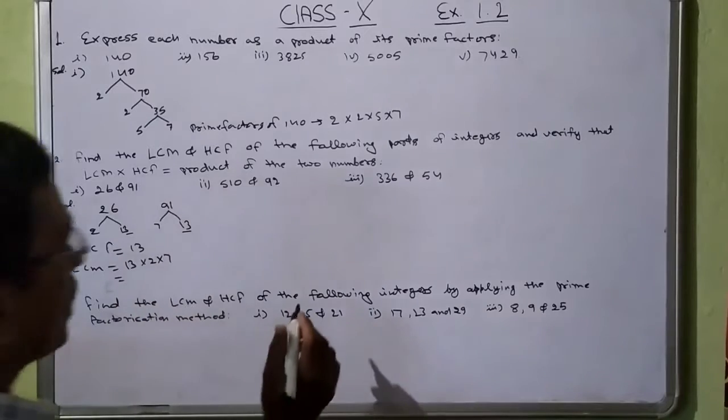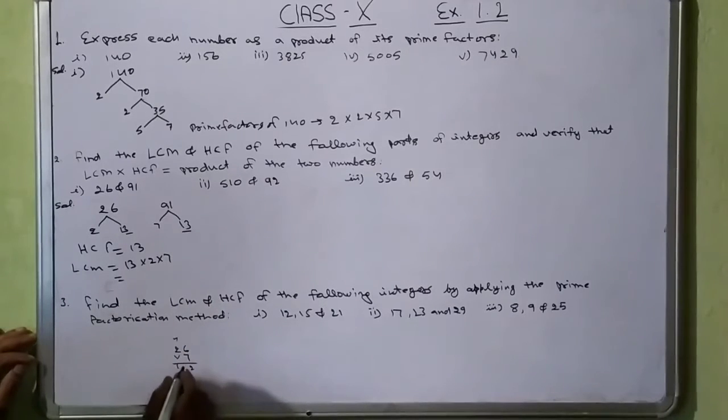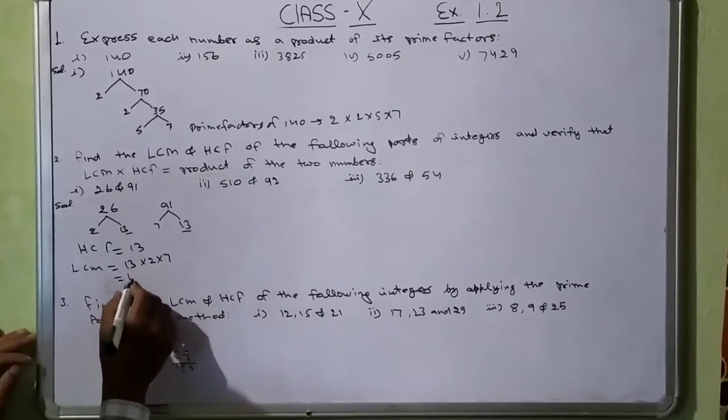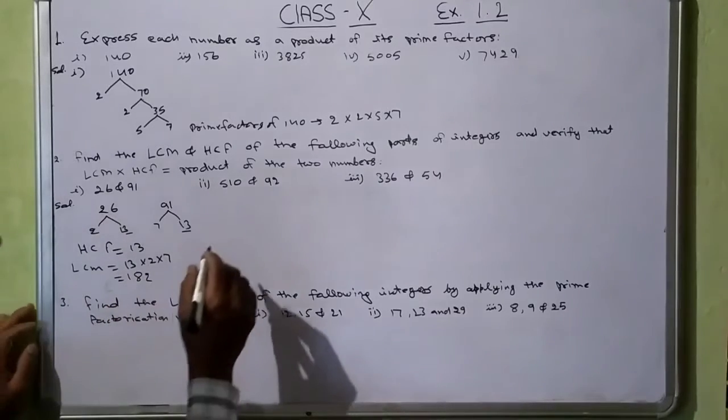So multiply 13 by 2 is 26, 26 by 7 is 182. Now verification.